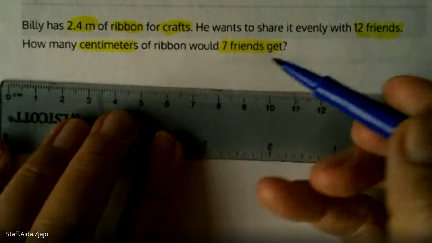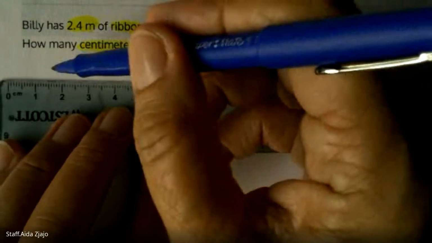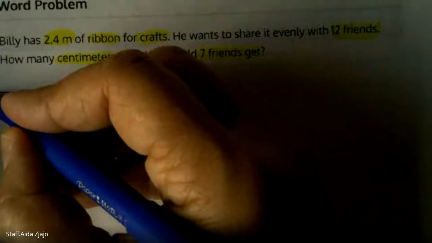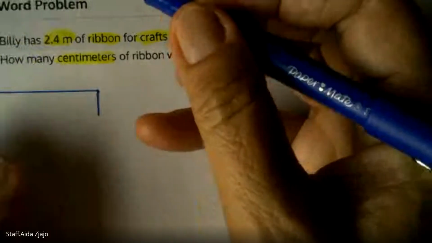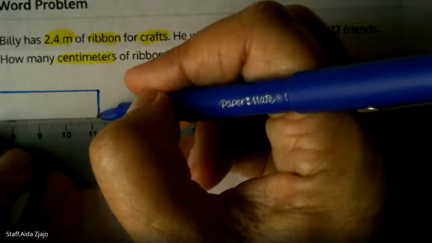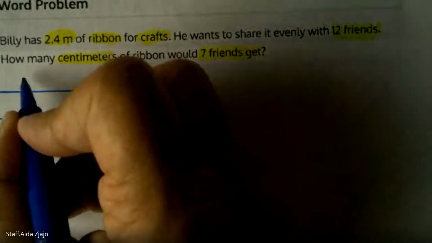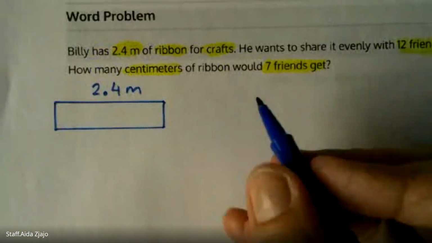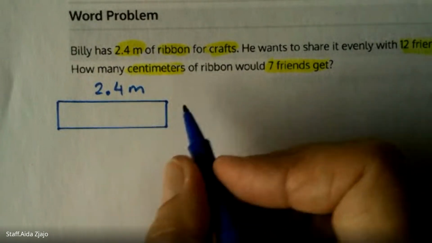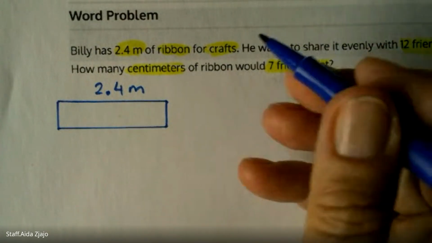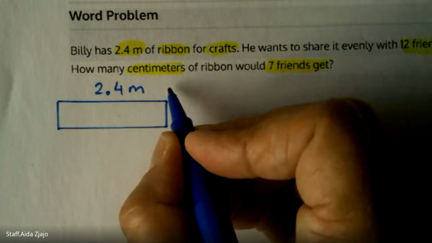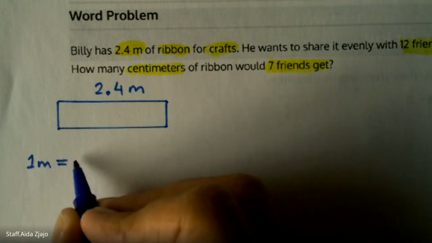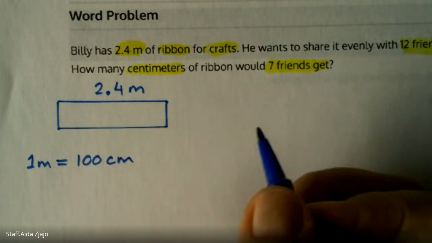So let's see, we have 2.4 meters. I know that to change meters to centimeters, you need to multiply by 100, because 1 meter equals 100 centimeters.